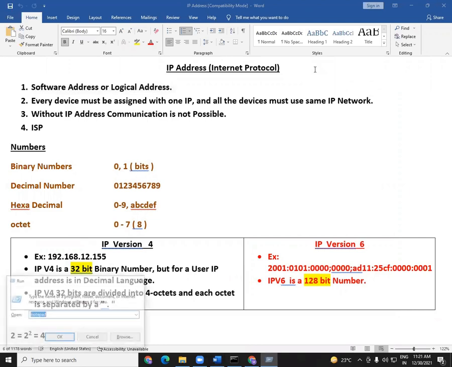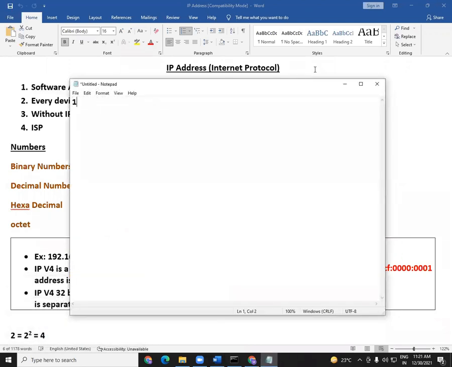For example, if I take a number like 192.168.1.10, this is a correct number. 192.168.1.10 is a correct number. But what if I say 192.365.4.159? This is an incorrect number.